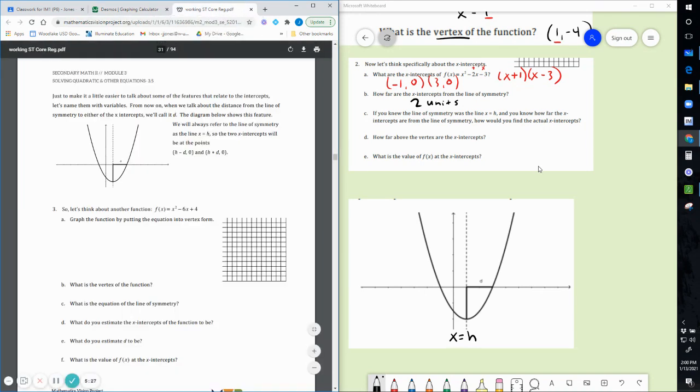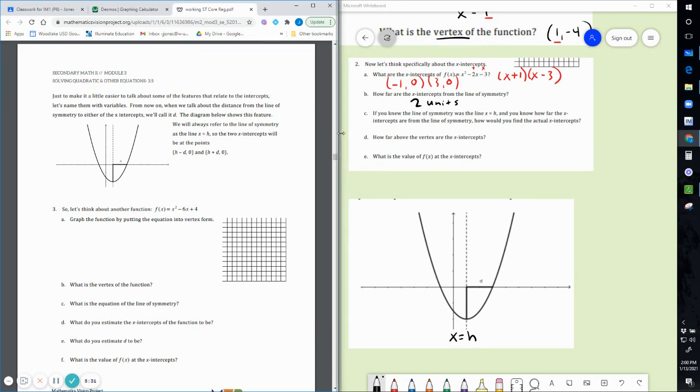If you knew that the line of symmetry was x equals h, and you knew how far the x-intercepts were from the line of symmetry, so d, right? You knew that distance. How could you calculate the actual x-intercept? If you knew those two pieces of information, how would you find out where the x-intercepts are?